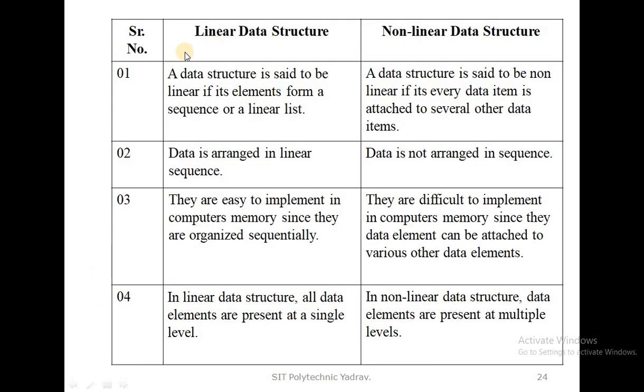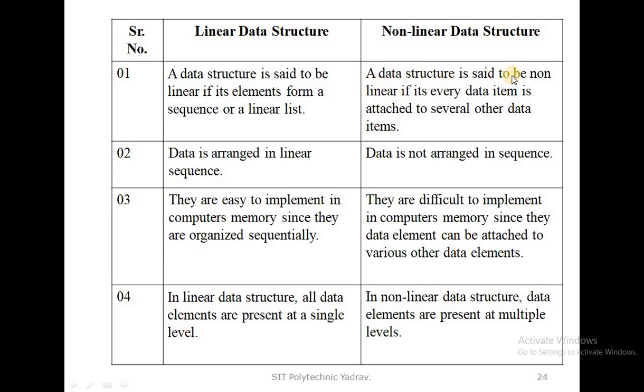Okay, next part, difference between linear data structure and non-linear data structure. These questions are also asked for 4 marks or 8 marks or 2 marks, so depending on the marks, we write the points. First, a data structure is said to be linear if its elements form a sequence or linear list.